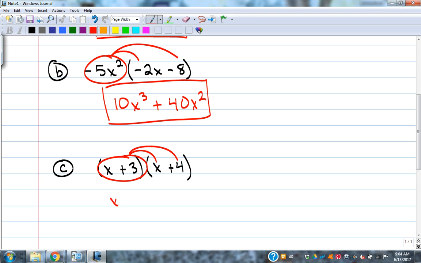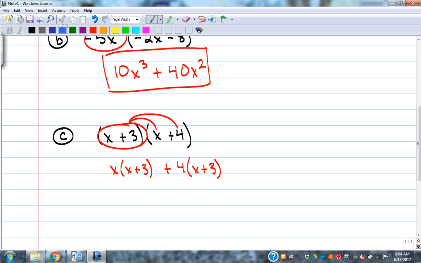So it's like x times (x plus 3) plus 4 times (x plus 3). So I'm taking x plus 3 and multiplying it to each individual piece in the next parenthesis. And then that just makes distributive property again. So it's just double distributive property is what I call that nowadays.